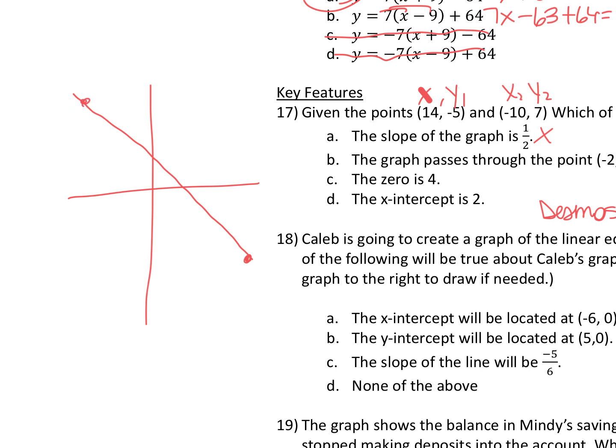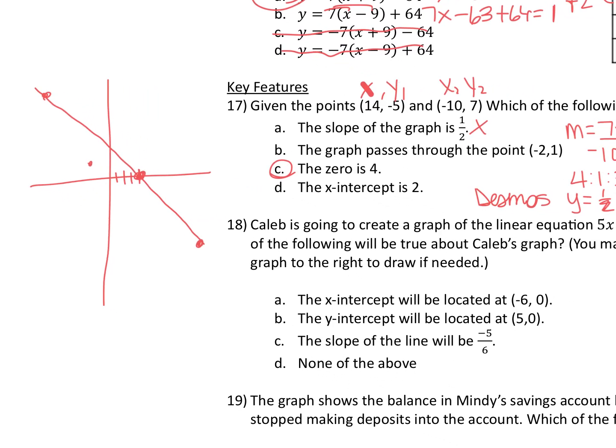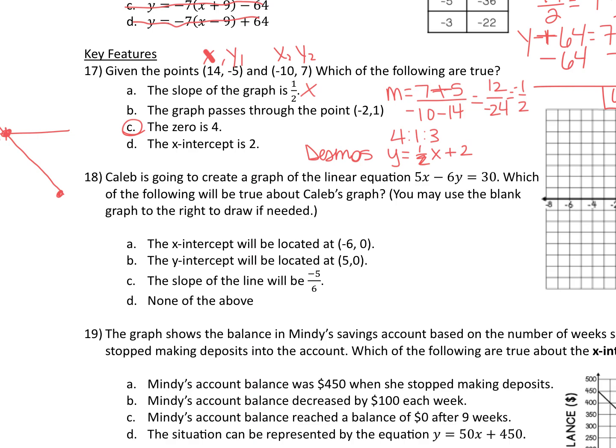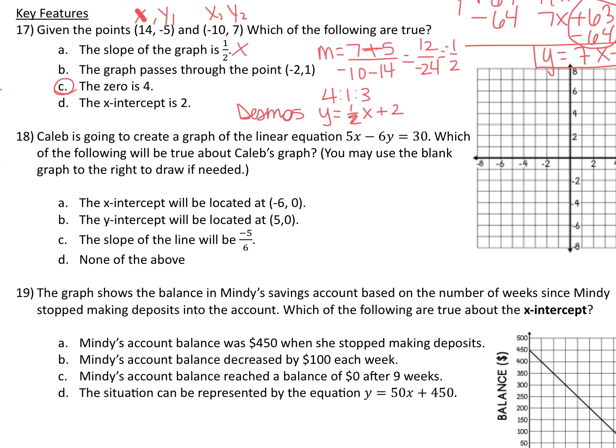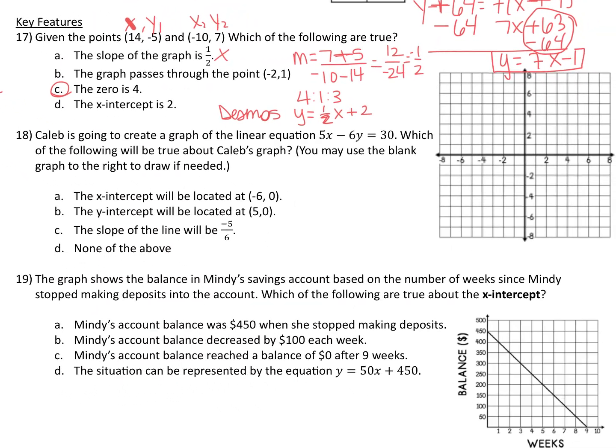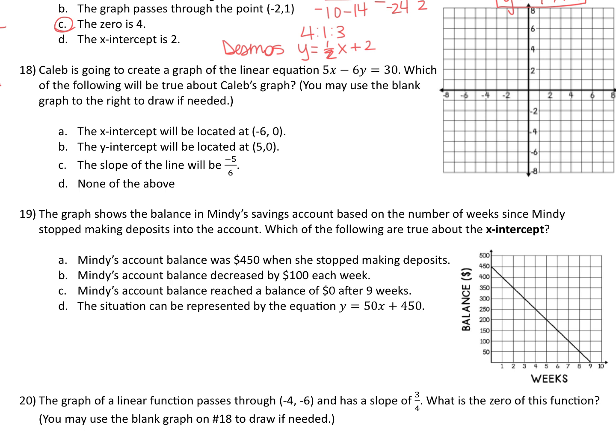And when we do that, you can see -2, +1 is way down here, okay? If I was to draw my lines, I could see that, in fact, it goes through an x-intercept of 4. But again, Desmos is going to be your best bet on something like that once you have the equation. So you can just tap the x and y intercepts, and that is going to be embedded on your test.